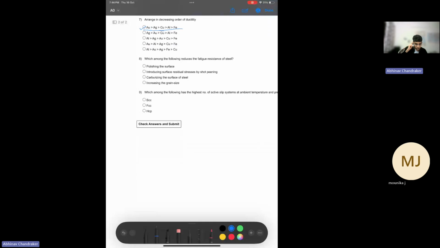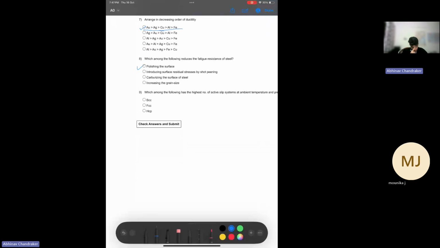Which among the following reduces fatigue resistance of steel? Polishing the surface, reducing surface residual stresses by shot peening, carburizing, or increasing the grain size. Polishing will be good because surface flaws can reduce the fatigue life.